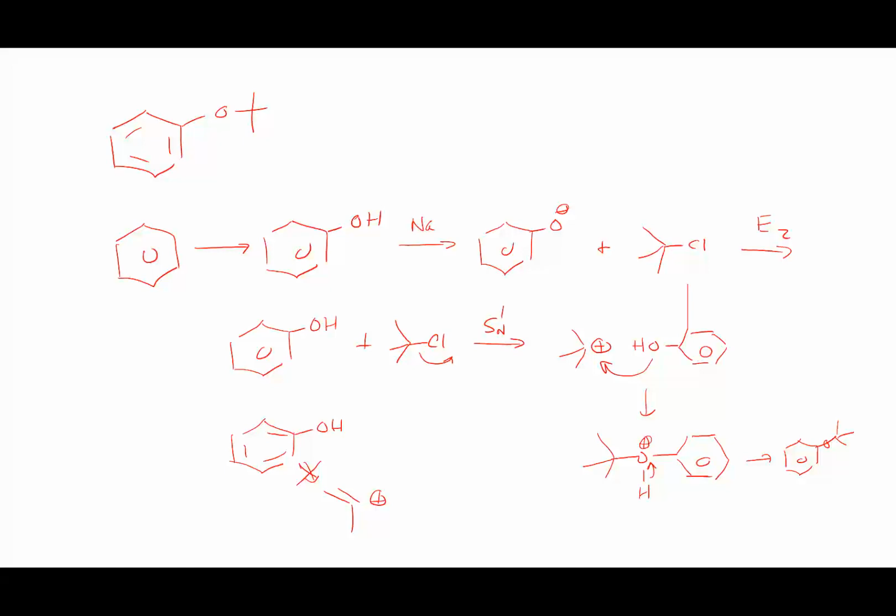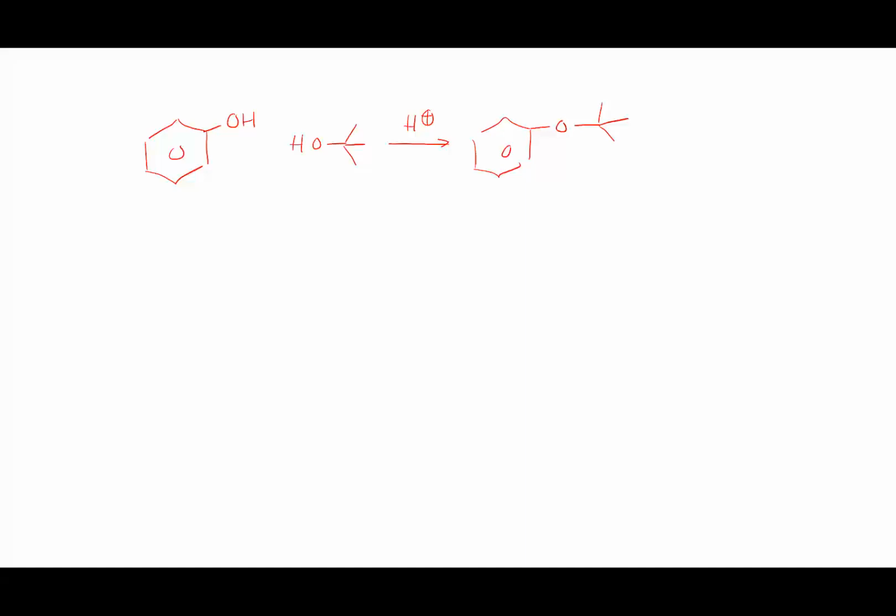Can you use the OH and then react with the tertiary alcohol to get the same thing? Let's protonate the tertiary butyl alcohol and then have the phenol react. You could take tertiary butyl alcohol and the phenol and add H plus to it, and that would then make the ether.